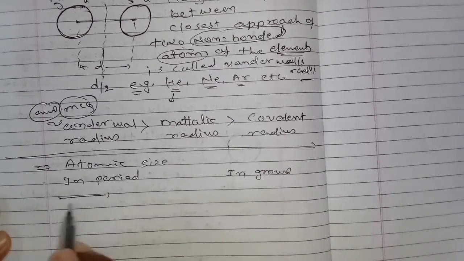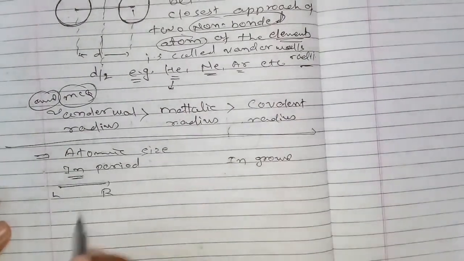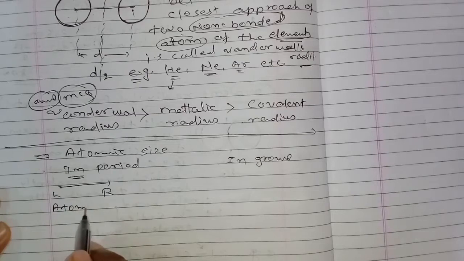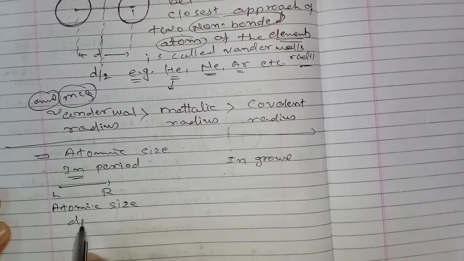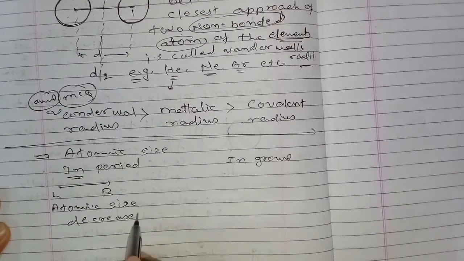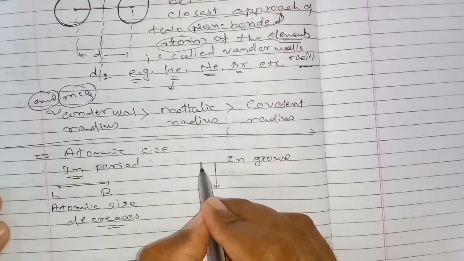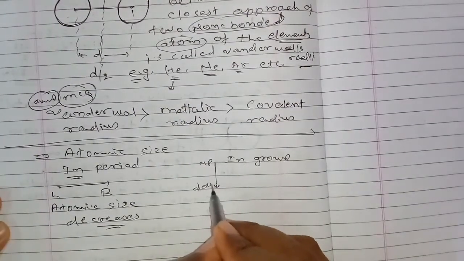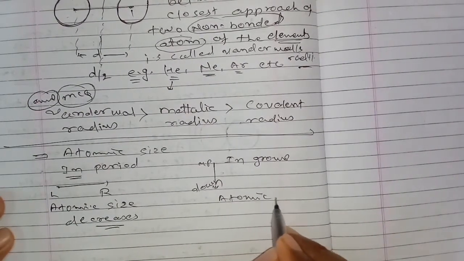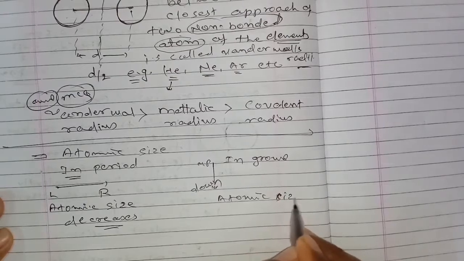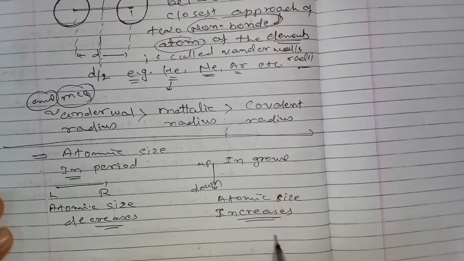As we move from left to right in a period, atomic size decreases, and as we go down in a group, atomic size increases.